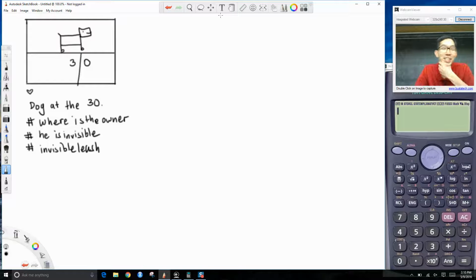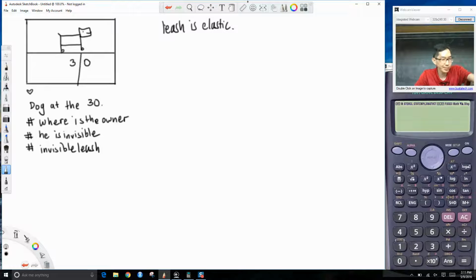Basically, we see a dog on a football field, 30-yard line. But the question is, where's the owner? The owner's invisible. The owner's got an invisible leash. Maybe it's helpful to know that the leash is elastic. And we want to know, where's the owner here?